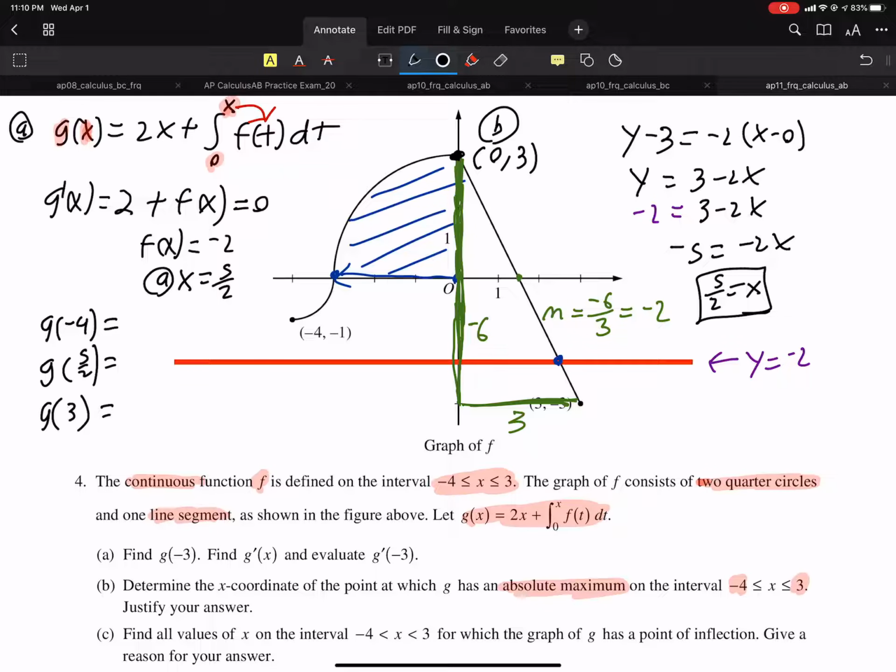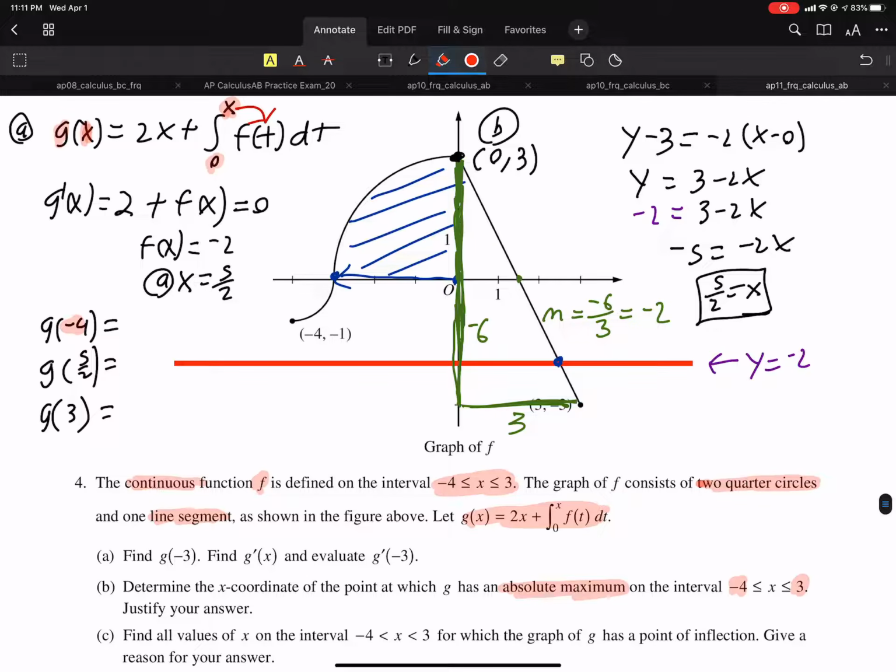So we're going to actually have to find these values. Now, there's actually another way to do this. So this is one way, and we'll go ahead and do this, but there's actually a shorter way. So g of -4, I'm going to place -4 in here and here and here.